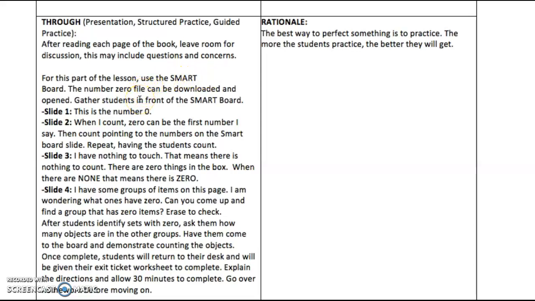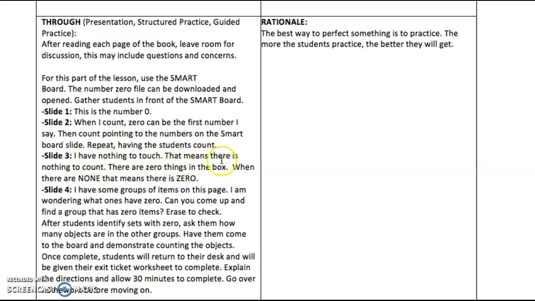The number 0 file can be downloaded on the Smartboard. And here I have listed different steps that will be used to go over the Smartboard and what each slide represents. So the first slide would be the number 0, 2 being when I count, 0 can be the first number I say, and 3, having nothing to touch.